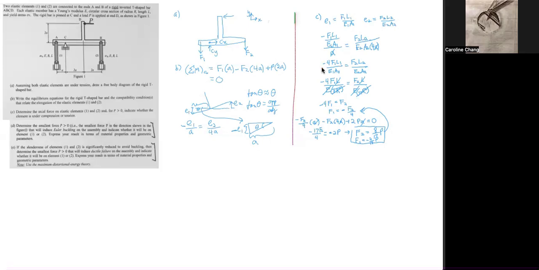So for problem D, first we have to know what buckling means. Buckling is when the beam is distorted. For instance, buckling will happen when the beam bends this way, or potentially the beam can bend out of the plane, which is in the positive z direction or negative z direction.